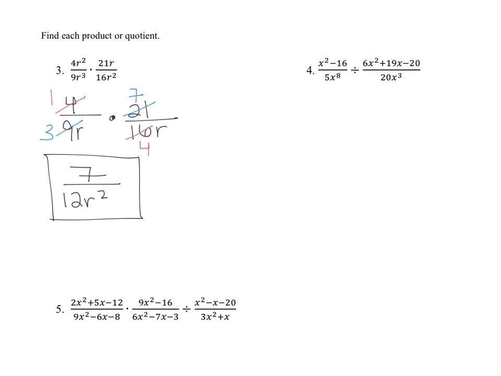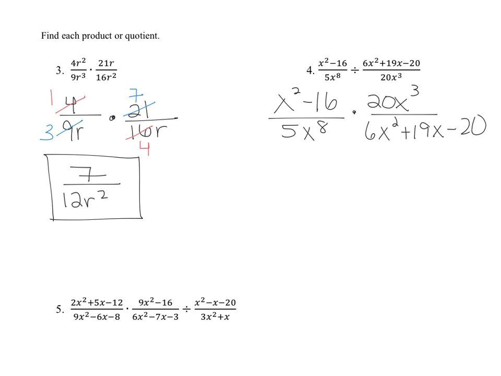Okay, number 4, x squared minus 16 over 5x to the 8th. I'm going to keep that as is. You could do a lot more in one step, but I'm just going to go ahead and write times. I'm going to multiply by the reciprocal, 20x cubed over 6x squared plus 19x minus 20. Some of you may have learned it as keep, change, flip, or whatever, but we don't want division.